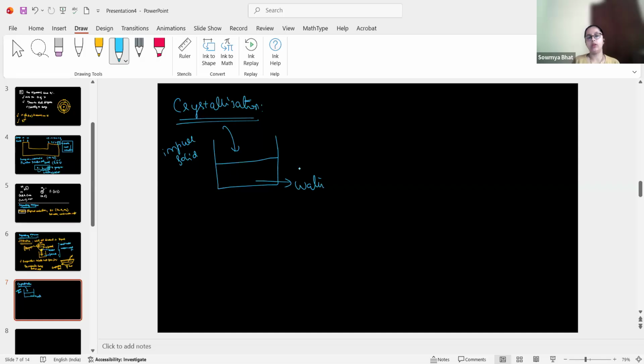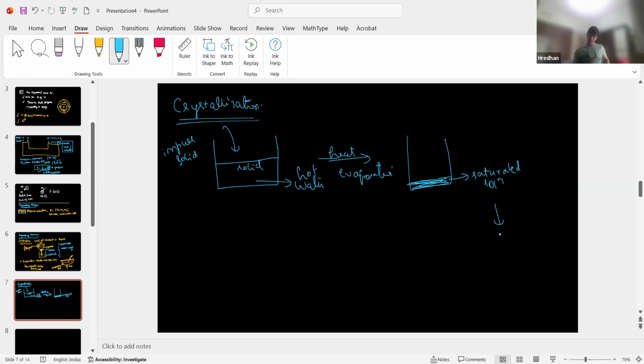You pour the solid, it gets dissolved, and then you heat it, subjecting it to evaporation. You remove almost all the water so that you get the saturated solution. Saturated in the sense of a very thick solution. Then you allow it to cool.